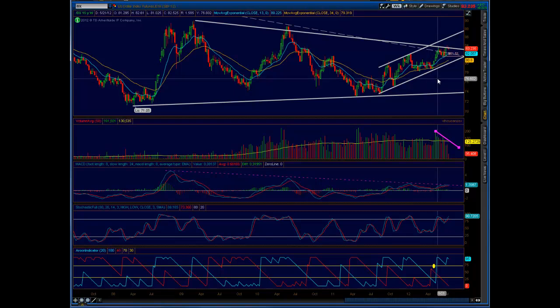Even in our last leg up, which I would call almost like a fifth wave up, we're looking at contraction of volume.